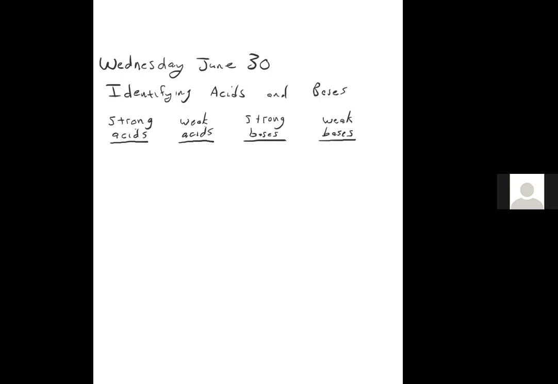So implicit in the name, where we talk about things being strong or weak, there is an idea that when something is strong, it's powerful. So the strong acids are pretty powerful reactants that can be used to run chemical reactions.